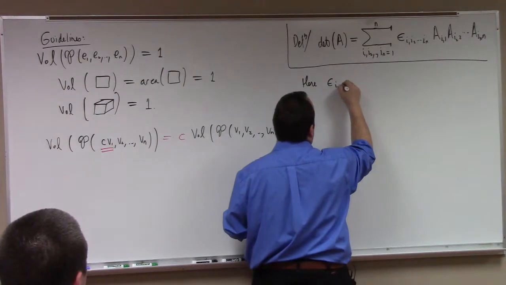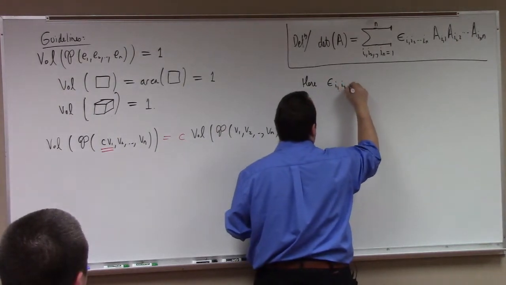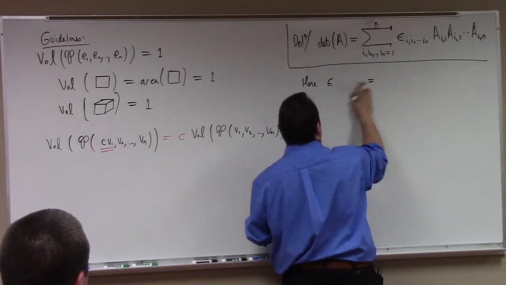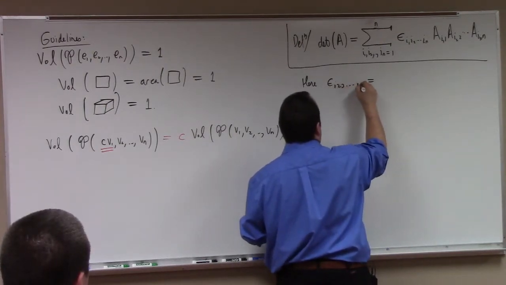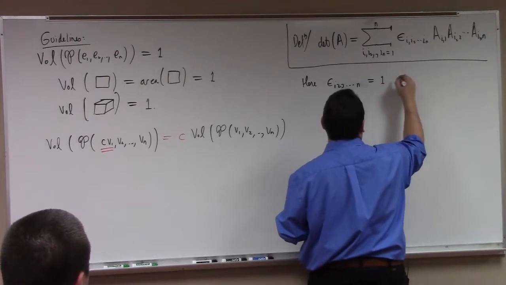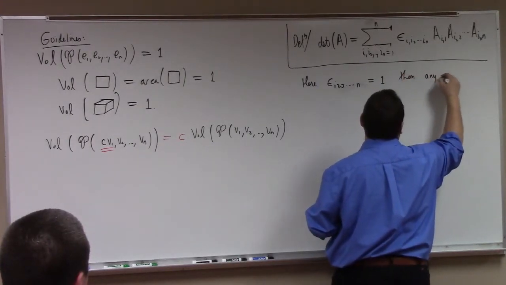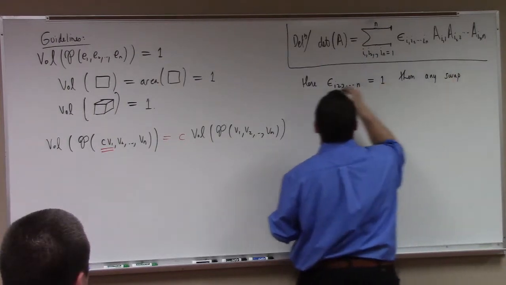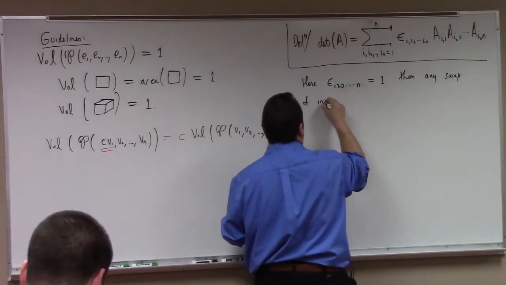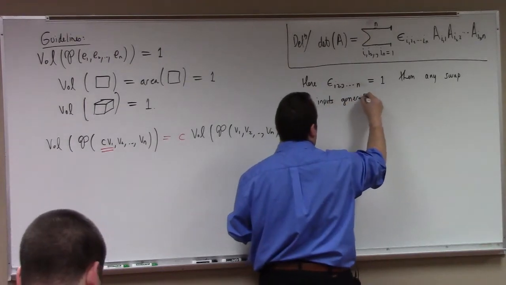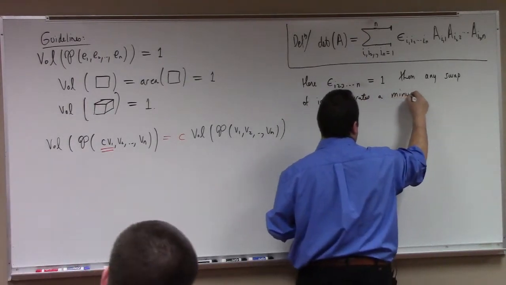Now here, epsilon I1, I2, up to In: if the indices are 1, 2, 3, all the way out through n, it is equal to 1, then any swap of inputs generates a minus.